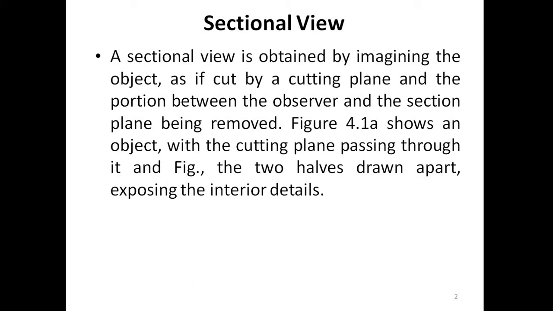When we cut this part between two planes, it may be a half or full section, and when drawn it shows the internal details. I already told you that if there is a hole, that is a bore, in a component, it is not visible in the front view, but by taking the cut section it becomes visible, so a sectional view is taken for clear understanding.